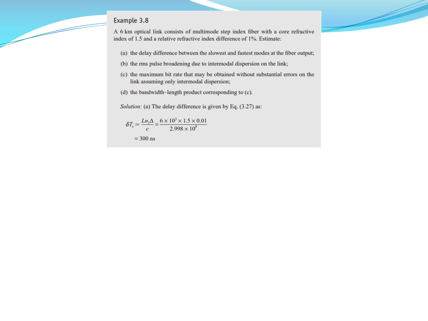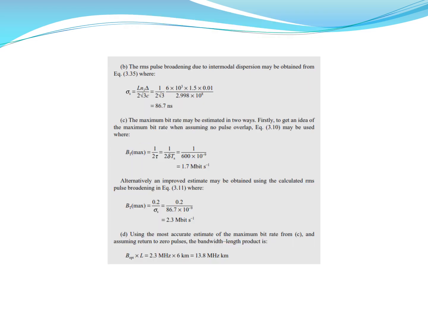For the second part, the RMS pulse broadening, sigma s, has to be calculated, along with the maximum bit rate and the bandwidth length product. Sigma s is given by the formula L n1 delta divided by 2 into square root of 3 into c. On substitution of these values, I get 86.7 nanoseconds.